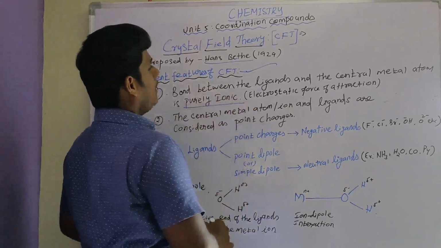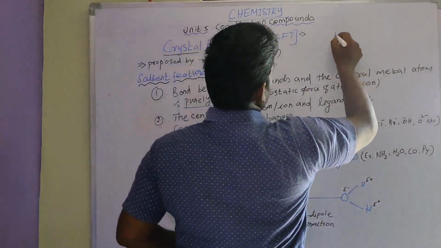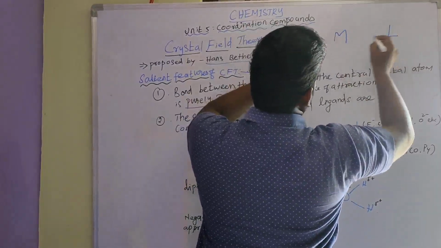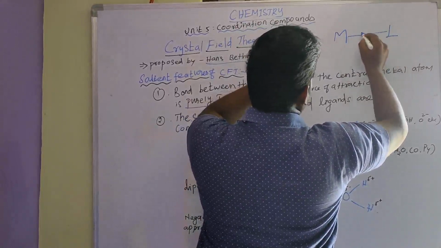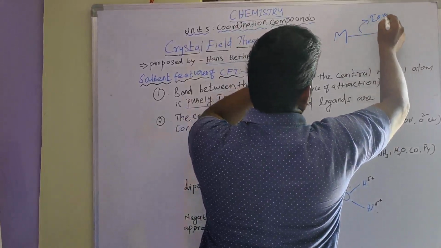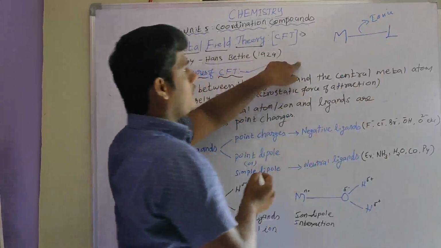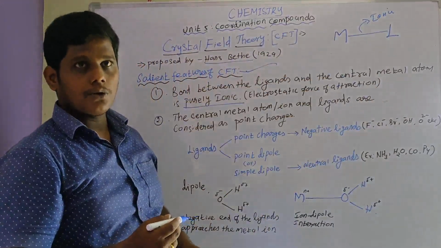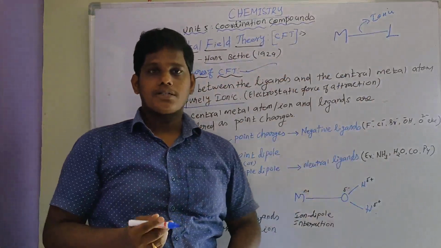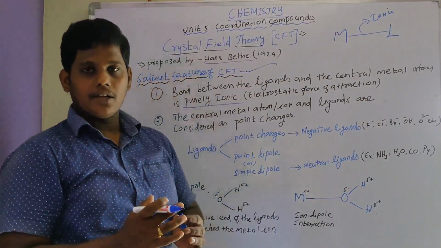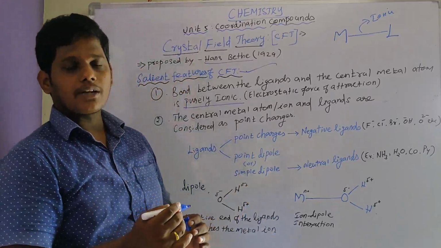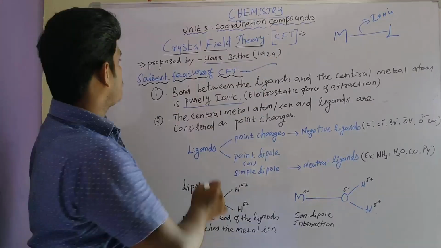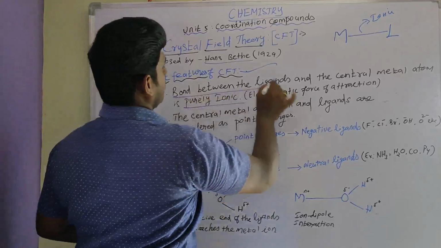When the metal and the ligand are present, the metal ligand bond is ionic. This ionic bond is formed by the electrostatic force of attraction between the metal and the ligand. This is the first point.